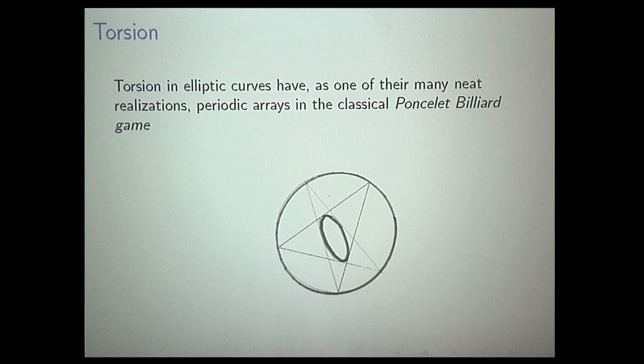So torsion. In some sense, the issue of torsion is much older than the issue of elliptic curves, because it appears already in the work of Poncelet. It's a game of Poncelet. One thinks of it as a billiard game, where you have two conics in the plane.